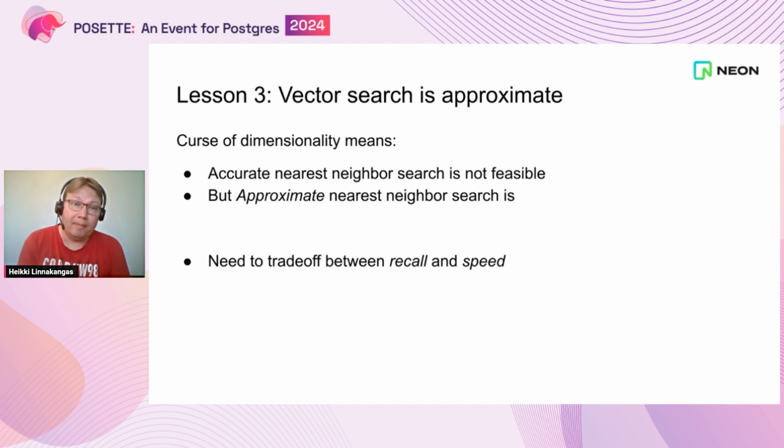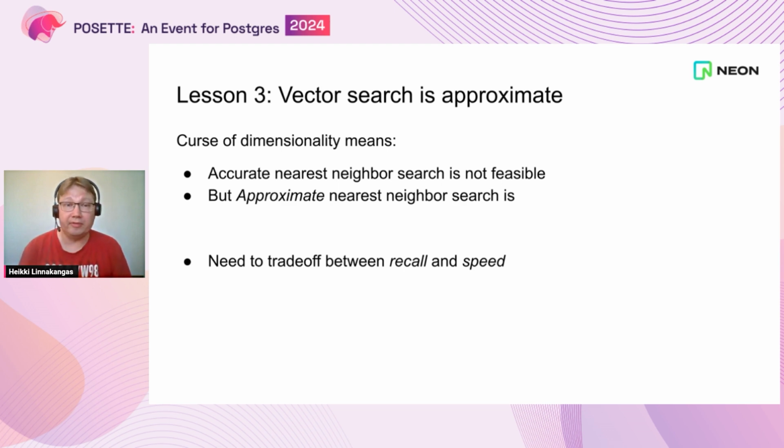So one upshot of this is that, unfortunately, there are no good algorithms to do accurate nearest neighbor search in higher dimensions. But what you can do is what's called approximate nearest neighbor search. And therefore, all of these algorithms that deal with vector data are in fact approximate nearest neighbor search algorithms.